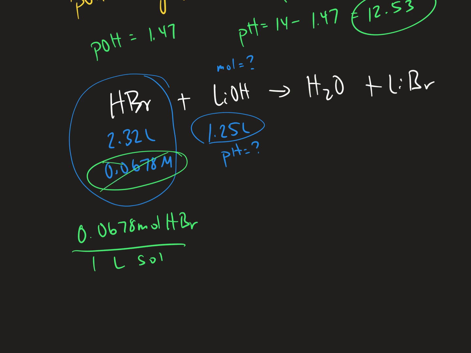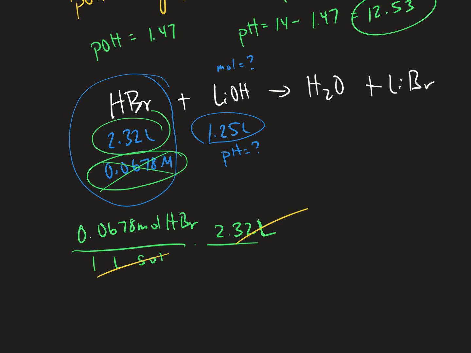We can't use that anymore. Do we want liters of HBr solution? No. How do we get rid of it? Multiply by 2.32. That goes away. Good. Now we have moles of HBr.